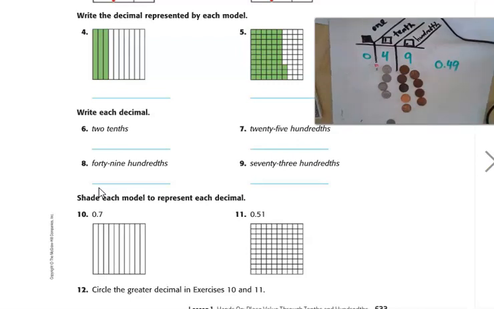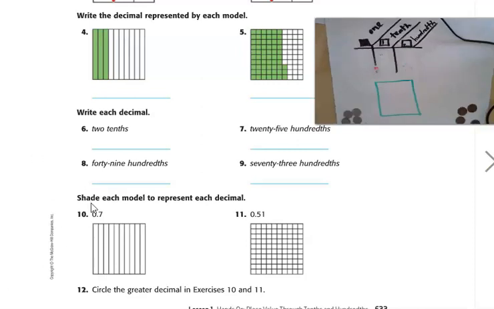Last one, I have 73 hundredths. So 5, 6, 70, 1, 2, 3. So I have still no whole dollars, 7/10 and 3 hundredths, 73 hundredths. And that's the answer for number 9.